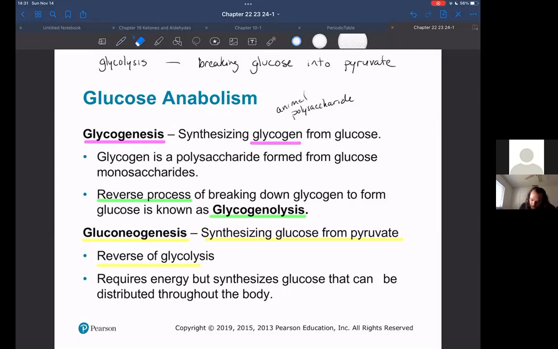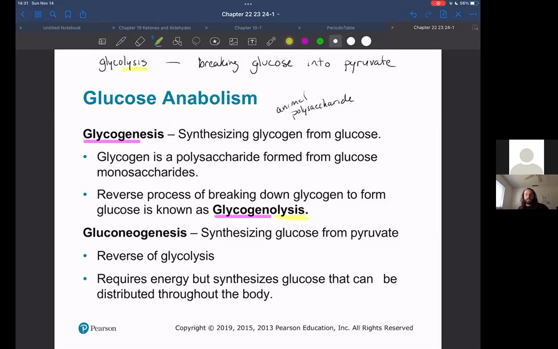So first of all, I want to point out that these two contain the word glycogen in there, right? Glycogenesis is the process of synthesizing glycogen. Glycogenolysis is the process of breaking down glycogen. The word glycogen is found in both of those terms. Okay. The other thing I want to point out, all of the steps that involve breaking stuff down contain the word lysis, right?